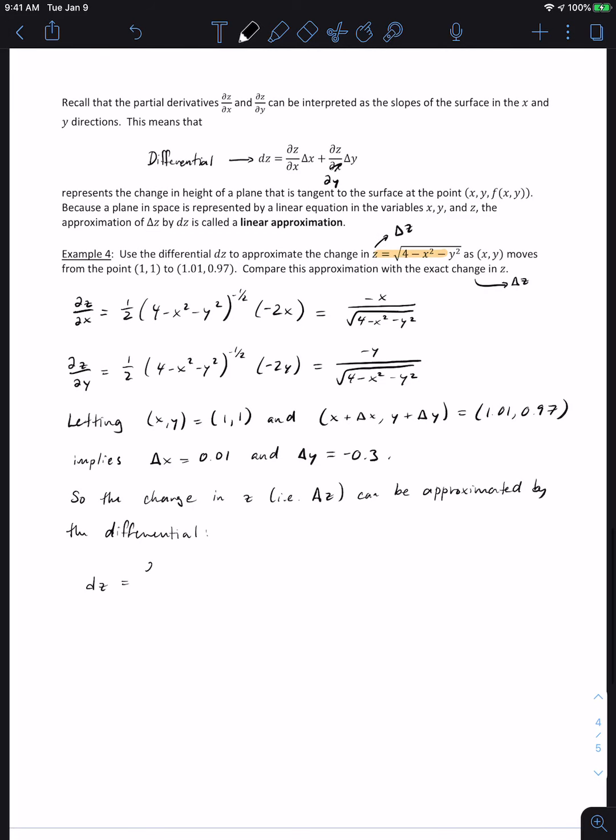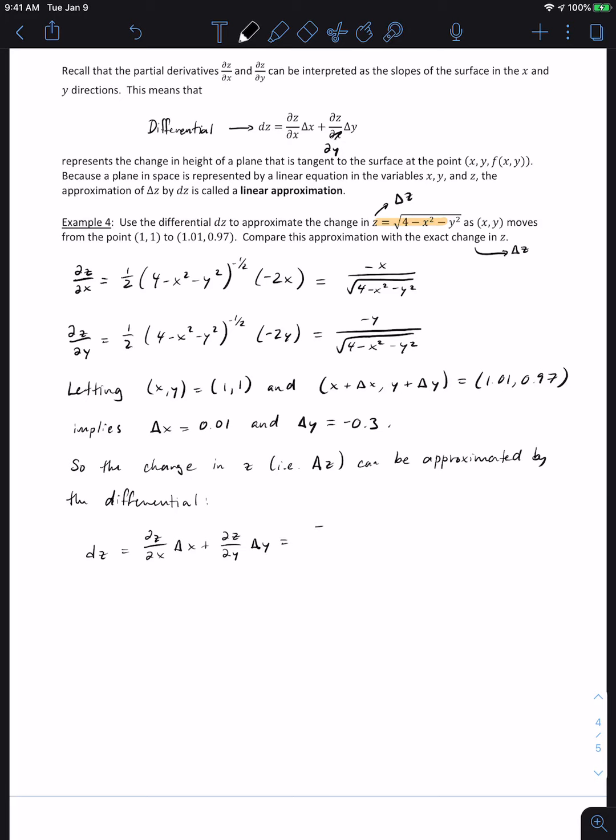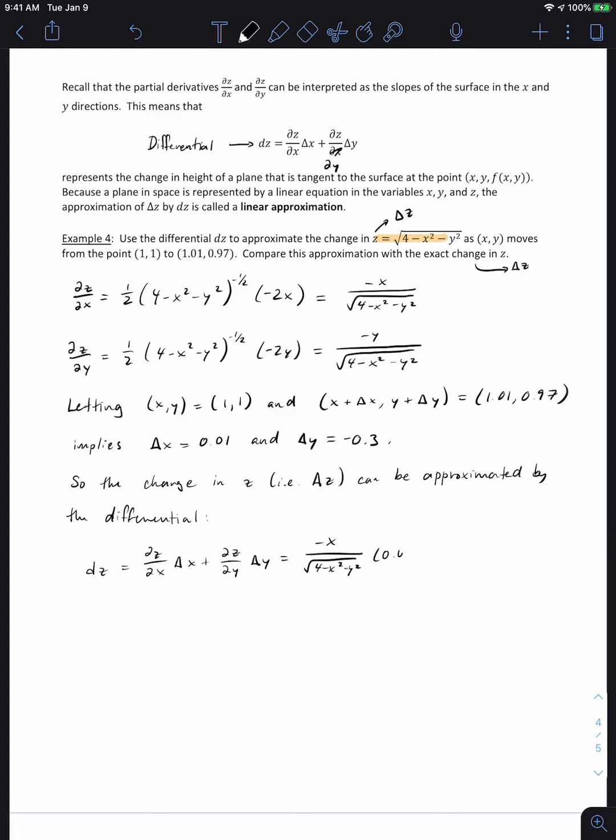So dz, which is equal to partial z over partial x times delta x plus partial z over partial y times delta y, is negative x over the square root of 4 minus x squared minus y squared, times delta x, which is 0.01, and then plus negative y over the square root of 4 minus x squared minus y squared, times negative 0.03.